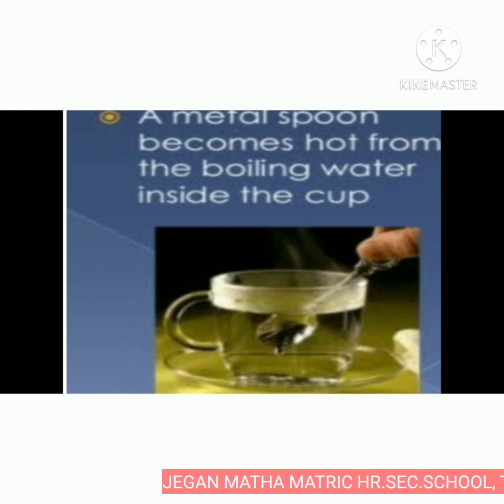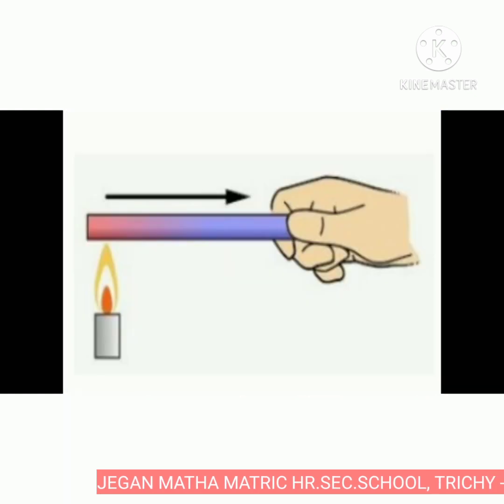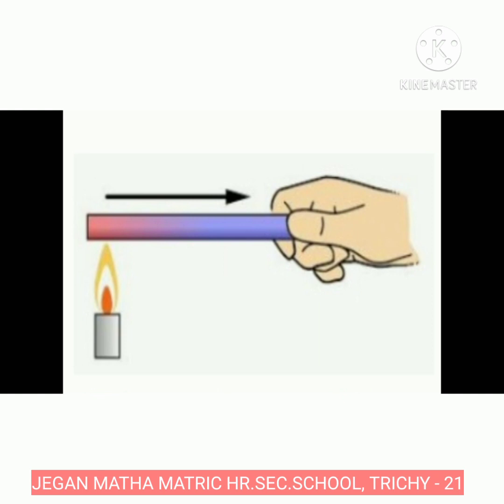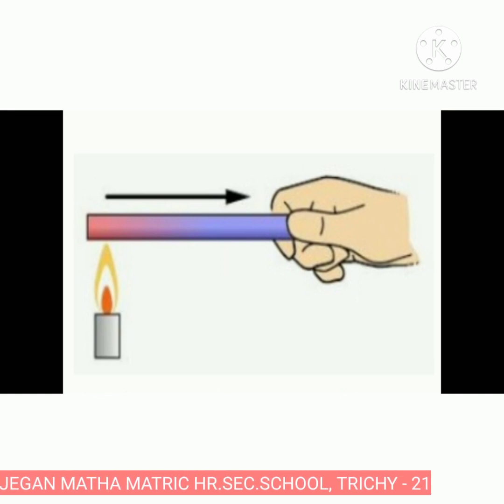So those atoms make other atoms vibrate and thus heat is transferred to the other end of the spoon. In conduction, heat transfer takes place between two ends of the same solid or through two solid substances that are at different temperatures but in contact with one another.